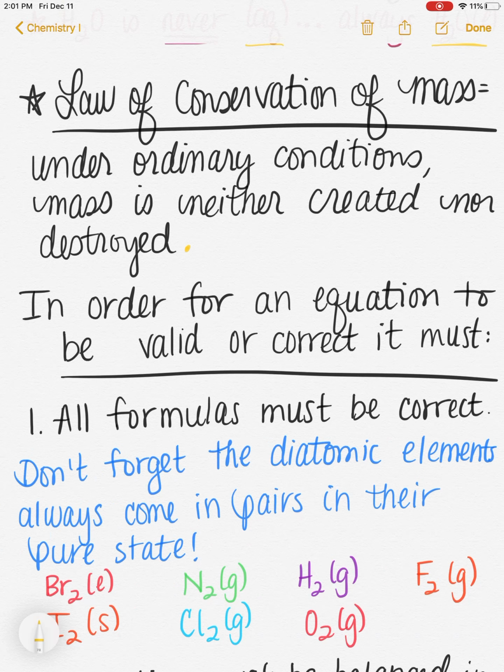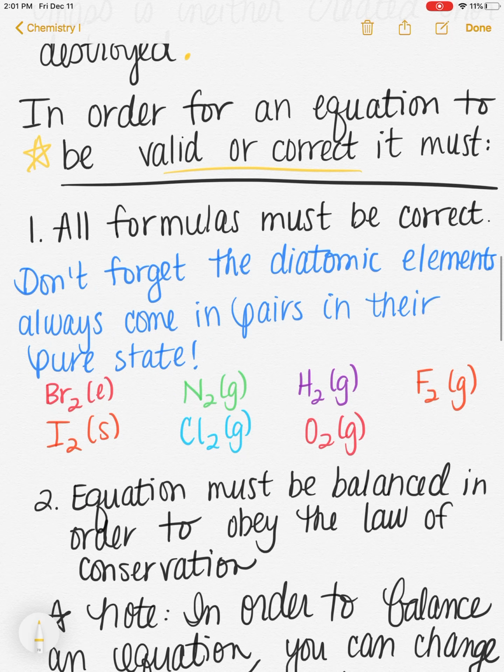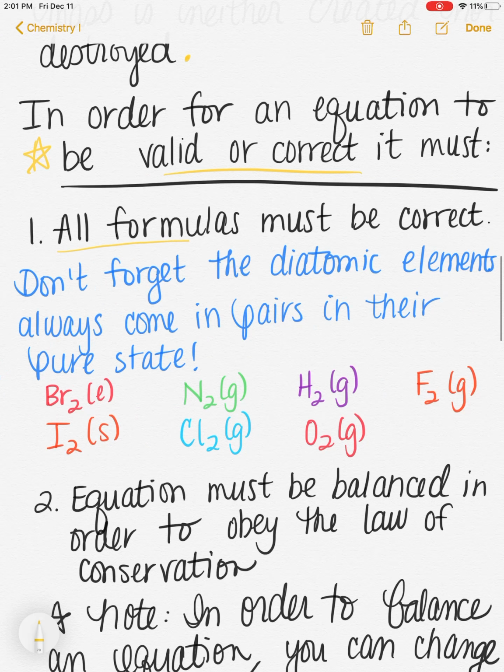So as we go to write equations, chemical equations are kind of like recipes. Just because you throw out a random recipe doesn't mean that it's actually going to work out or that it's proper. Same with chemical equations. In order for an equation to be valid or correct, there are two main criteria that it must meet. First of all, the formulas that you write have to be correct.